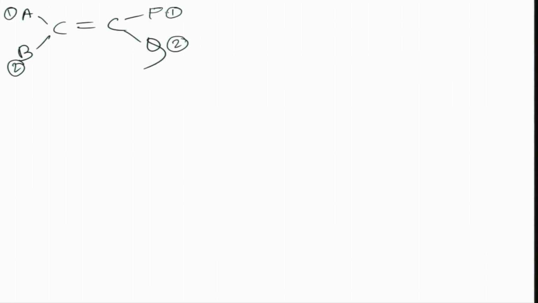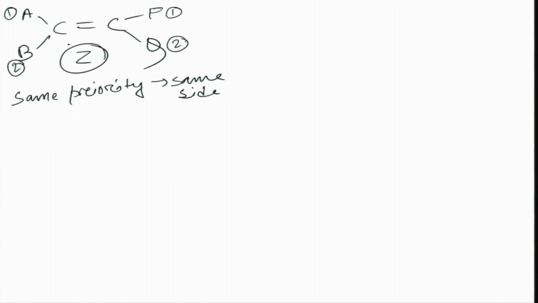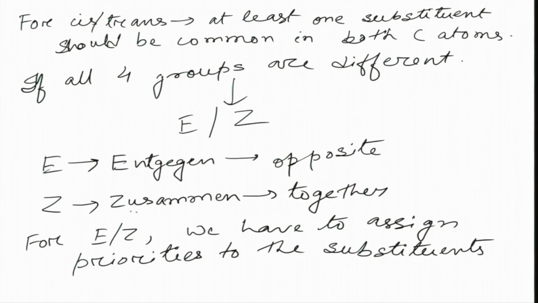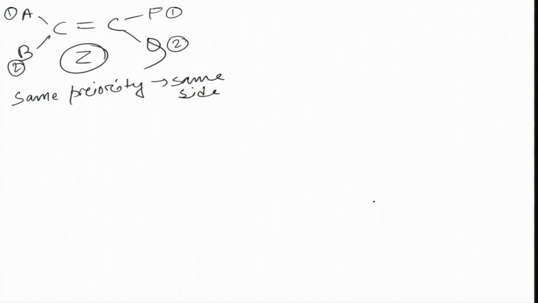So, the first priority groups are on the same side of the double bond, same priority, same side. So, we will call this Z. Z means Zusammen, that is, together. Therefore, when the same priority groups are on the same side, we will call this Z.